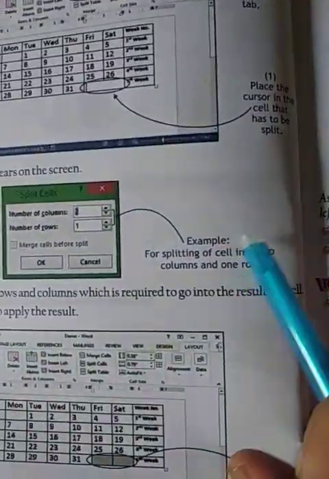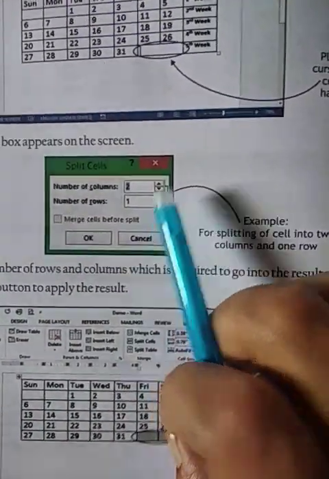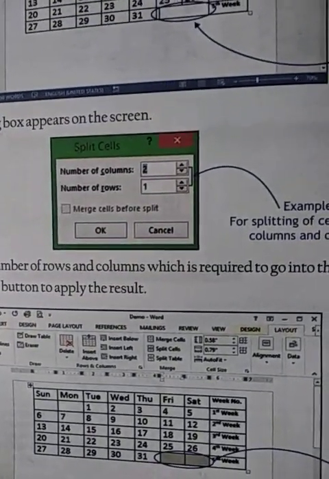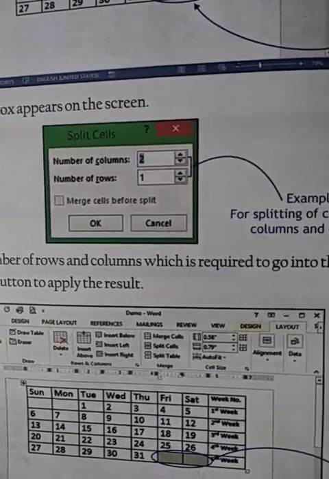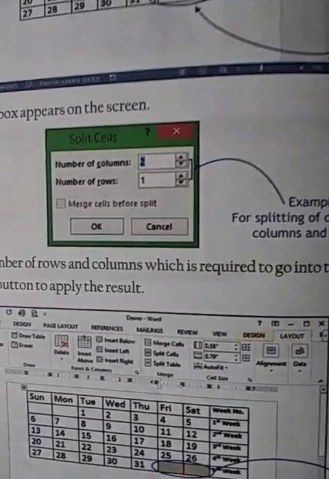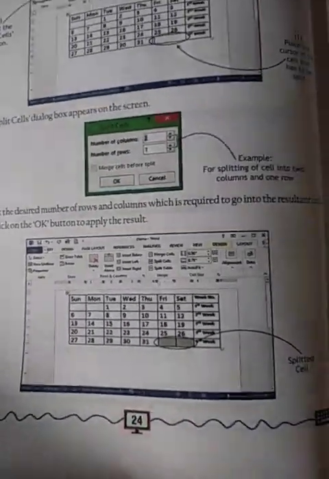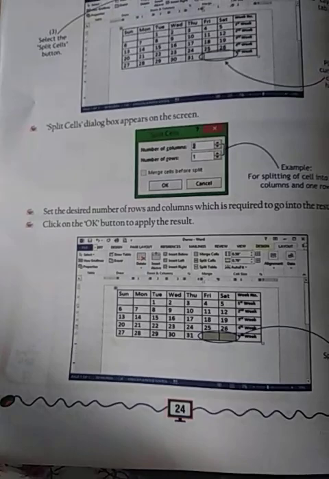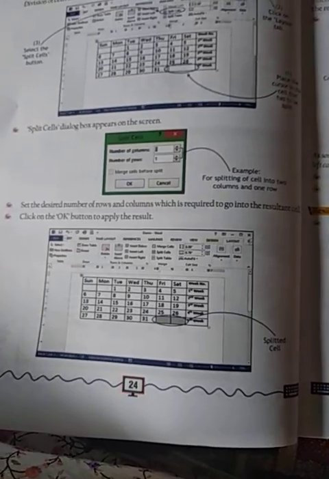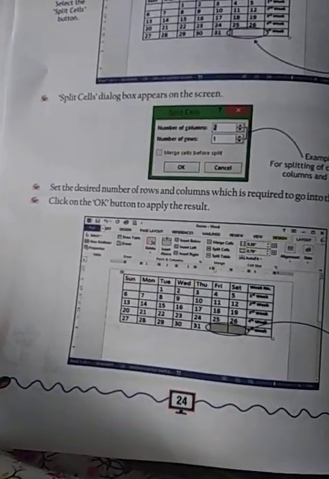Then it will ask in how many columns and rows you want to split. Whatever your choice, if you want 2 cells, then you write 2 columns and 1 row, or you can choose according to your own choice. Set the desired number of rows and columns and then click on the OK button to apply the result.